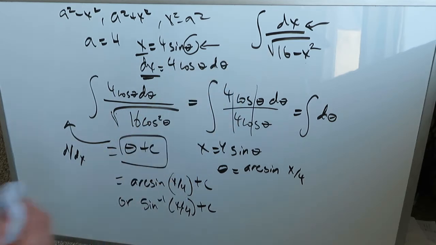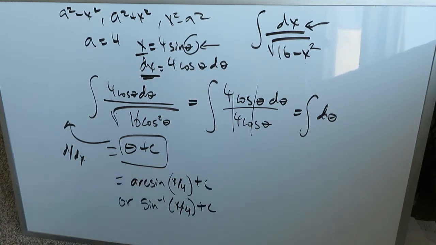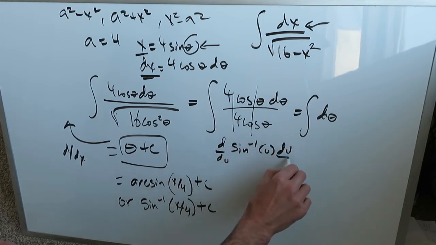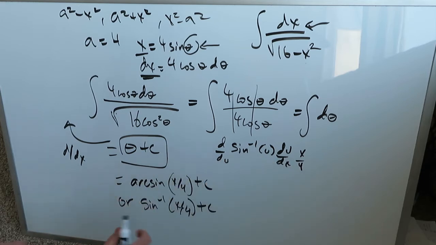And you can see that, and I'll show you partly that, not entirely but partly. Look, you'll do the derivative of this. It's a composite: d over du of sine minus 1 u, times du over dx of x over 4. If u is equal to x over 4, f of u is equal to inverse sine u, and that's how I'm getting all of this.